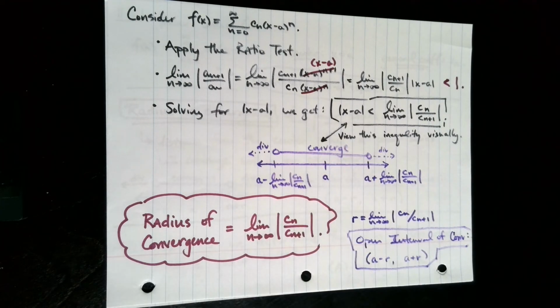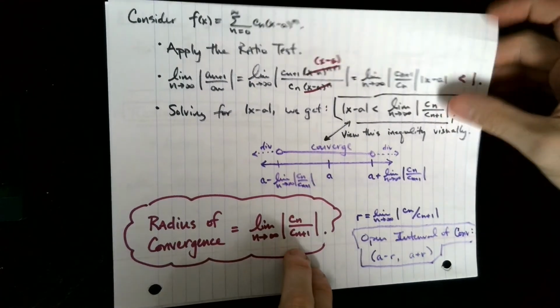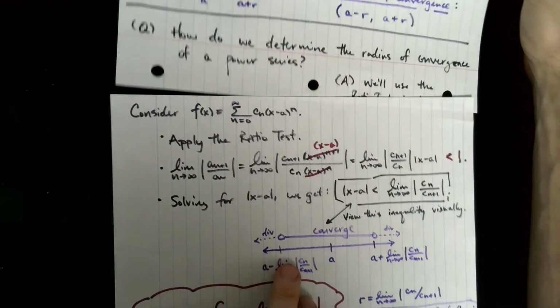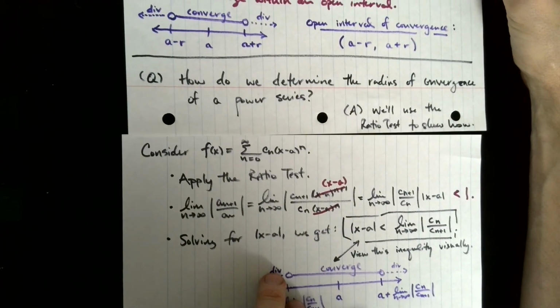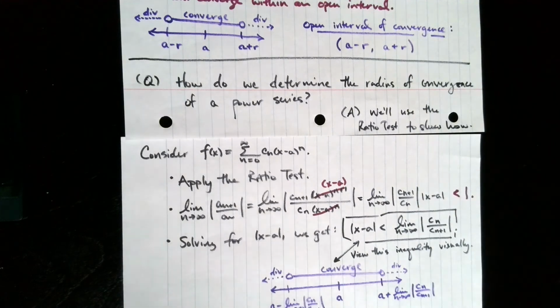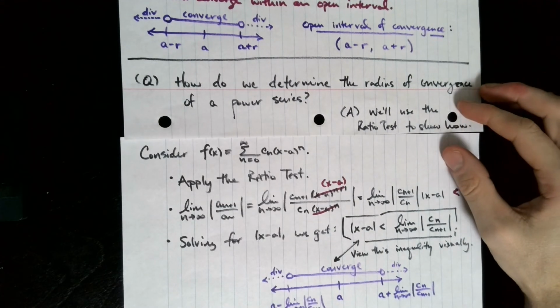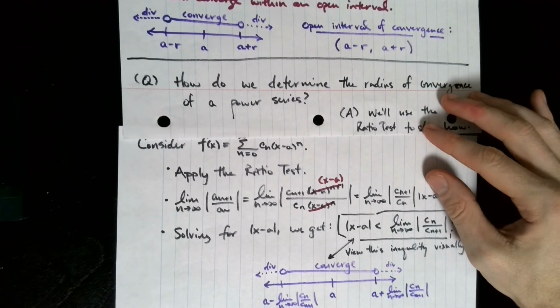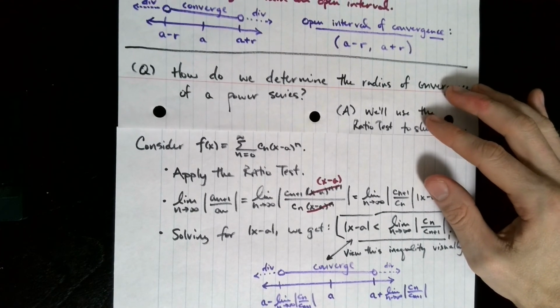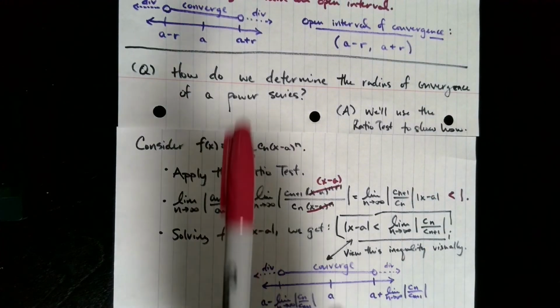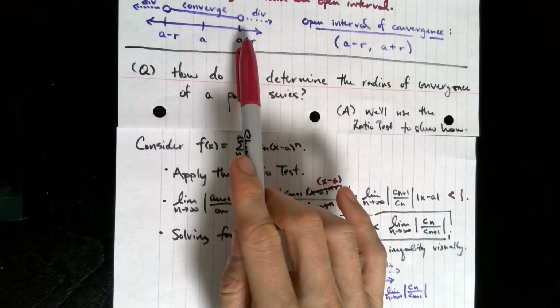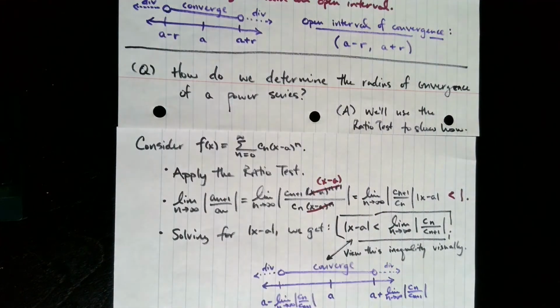But wait a second. What we have produced looks extremely similar to something we looked at previously, because we were previously looking at the interval of convergence of a power series. We were showing that the interval of convergence should go r units to the right of the center and r units to the left of the center.